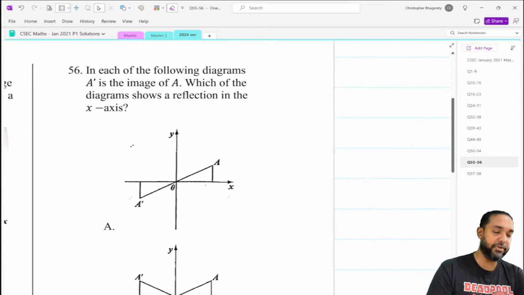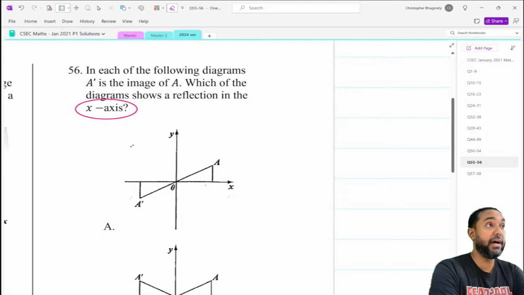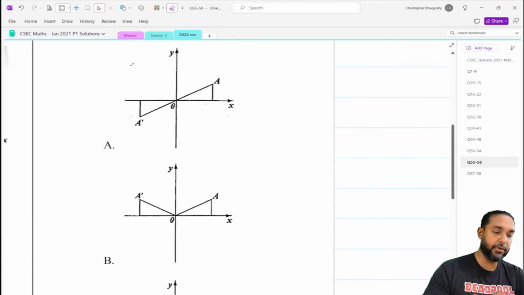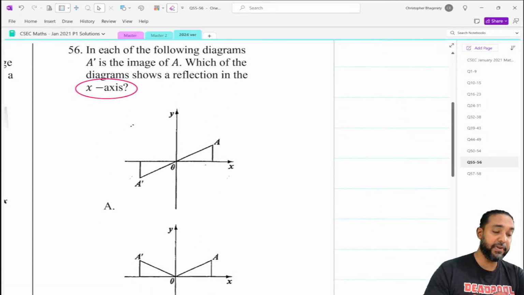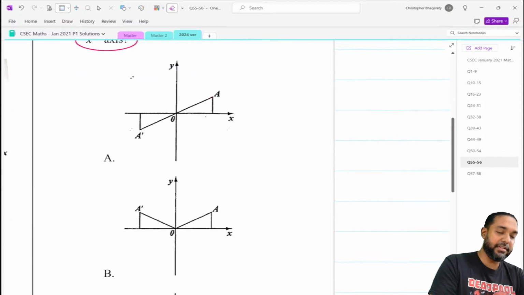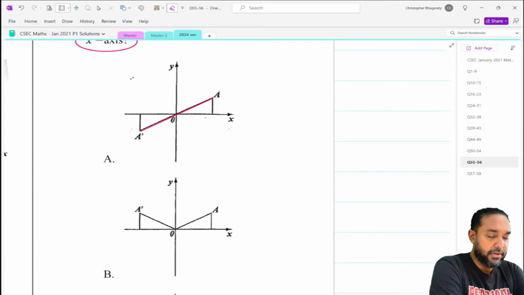56. Okay, we saw this already, right? Oh no, they changed it. This was X-axis, and the previous paper was Y-axis. So it is option C. Hold on, it's a reflection. It's D. So this looks like a reflection in the origin, or is that a rotation?